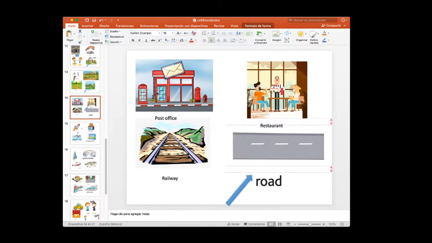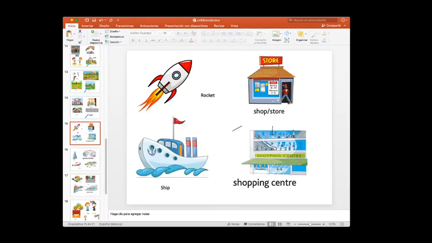Okay, another one, this is the road. Okay, this is a rocket.